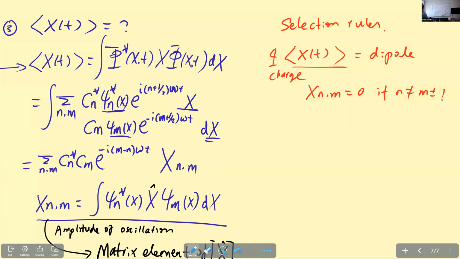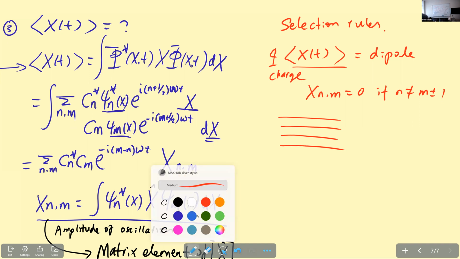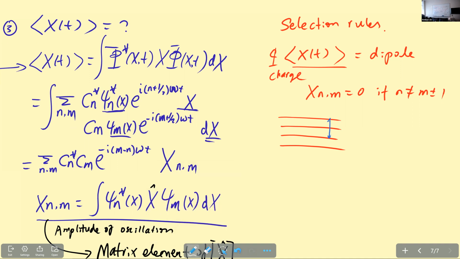oscillation between states like this if they are separated by more than one level. There's no oscillation, no transition, right?